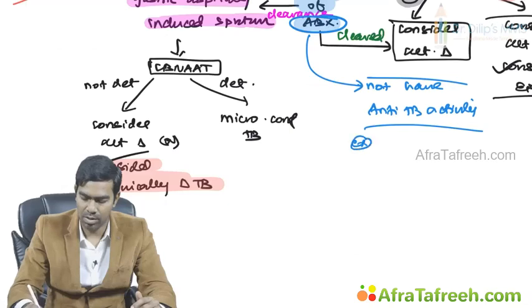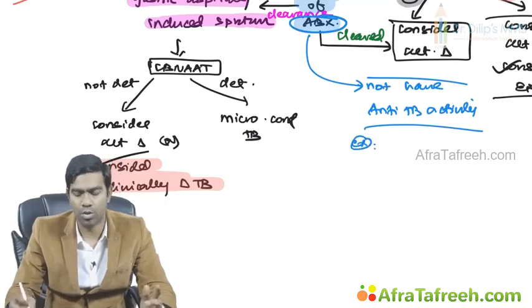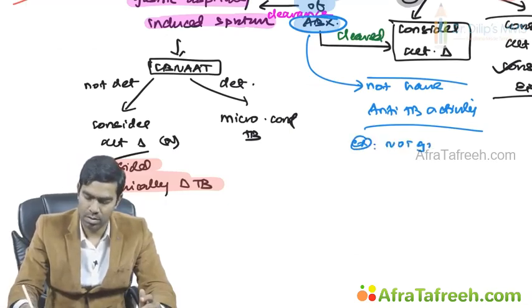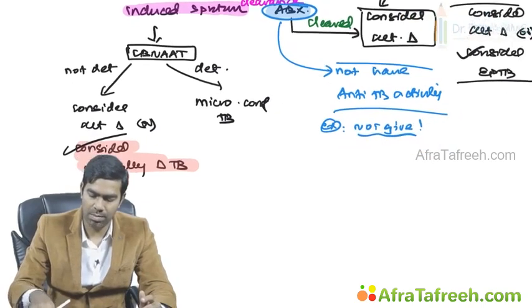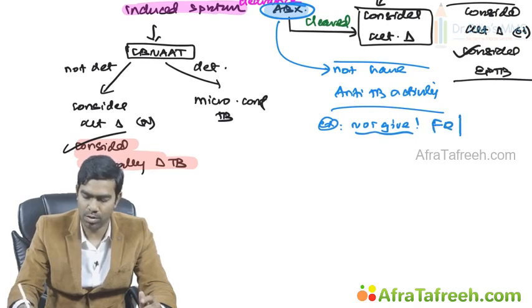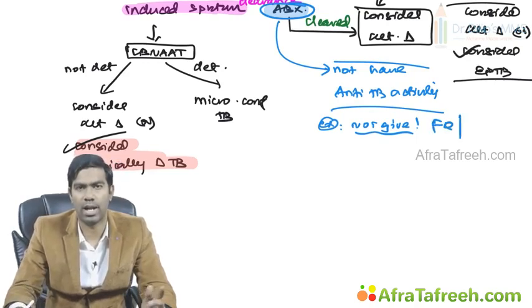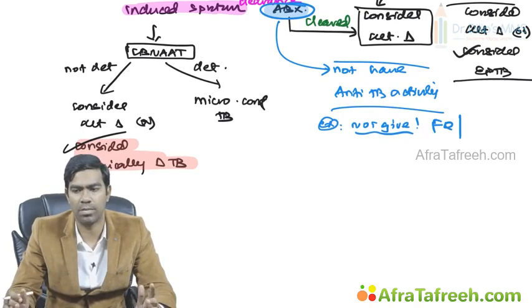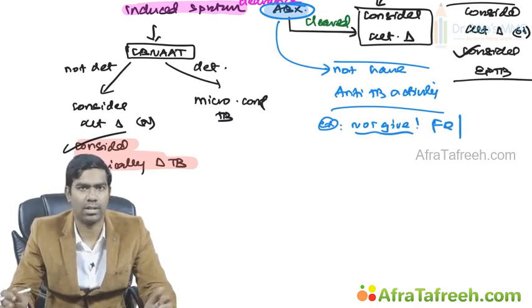So, examples of antibiotics that you should not give. What are the examples? Typically fluoroquinolones you should not give, because most of the fluoroquinolones have good anti-tubercular activity. We'll be seeing in the treatment that fluoroquinolones are one of the excellent second line anti-TB drugs.